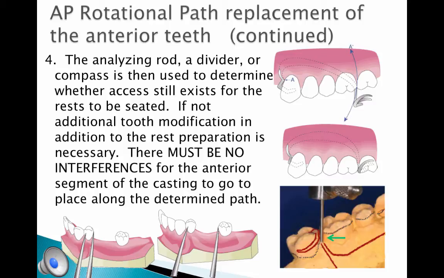If not, additional tooth modifications in addition to the rest preparation is necessary. There must be no interferences for the anterior segment of the casting to go to place along the determined path. The green arrow points out a slight high survey line interference that needs to be adjusted during mouth preparation.